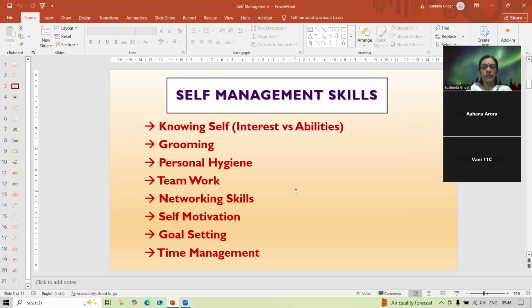Motivation is again an aspect which is very, very important. I see that in you too, of course. You're here to attend the class. So, motivation, which leads you to do something extra, more than what is being in demand. Setting up of goals and time management work hand in hand. You can achieve a goal only when you plan it up, only when you manage your time along with it.